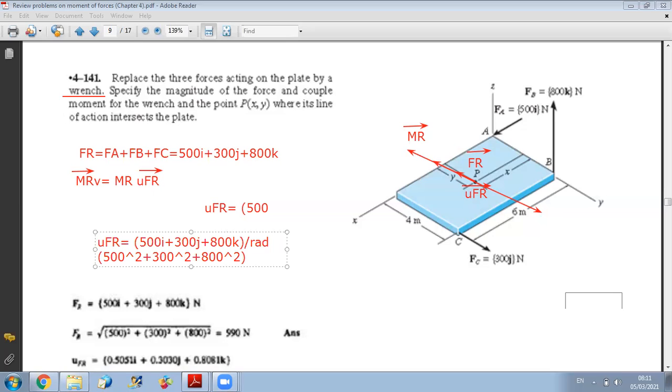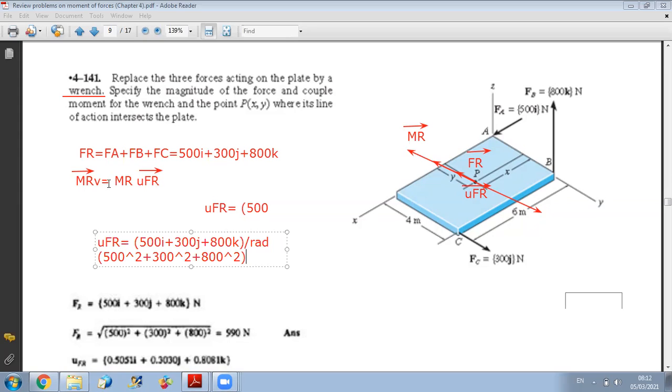Now I found a first relation for the moment resultant vector, but what is the second expression of the resulting moment? How can I calculate it if I give you a problem and tell you to reduce the system of forces to point P? What will be your resultant moment? We have to calculate the moment of each force on P. Very good.